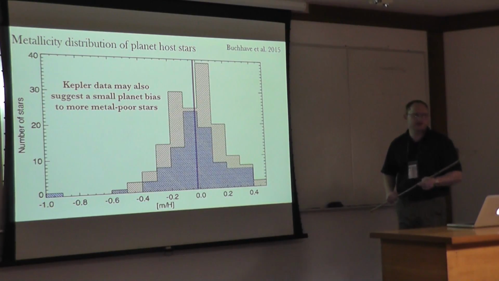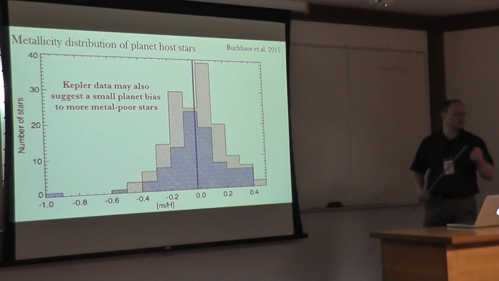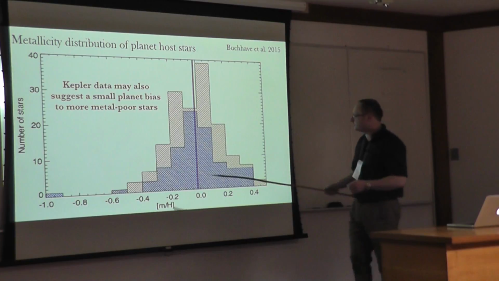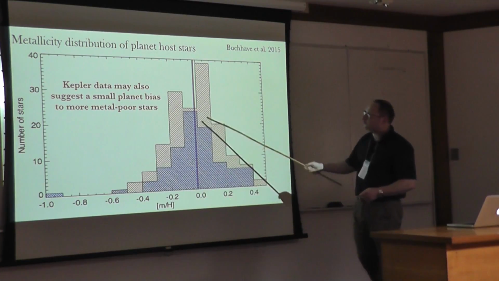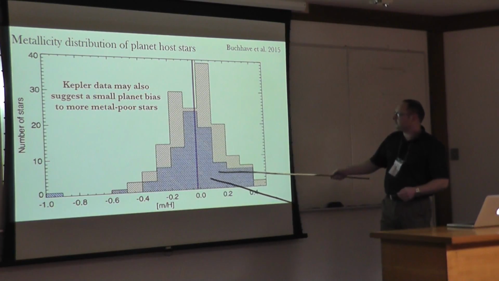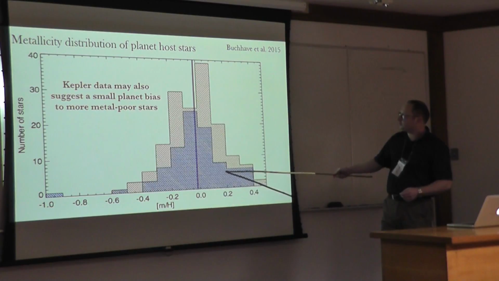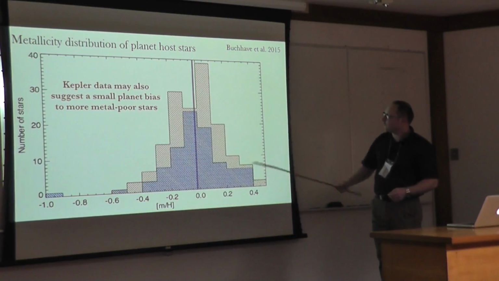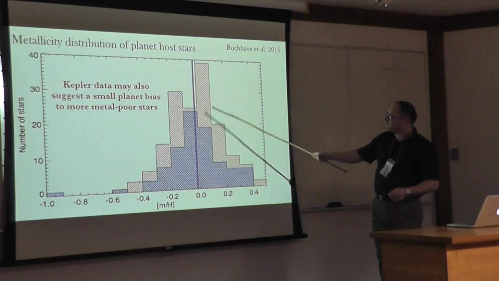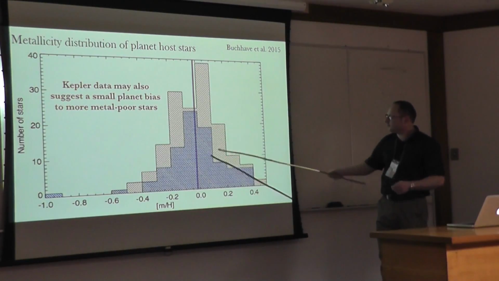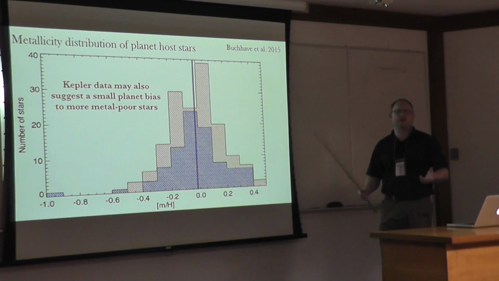It's harder to get really super high signal to noise, really super high resolution spectra to do these calculations. But when you can get a sample and do it, you start to see that maybe also the stars with planets, shown here, are kind of maybe moving down. These are stars with small planets now.